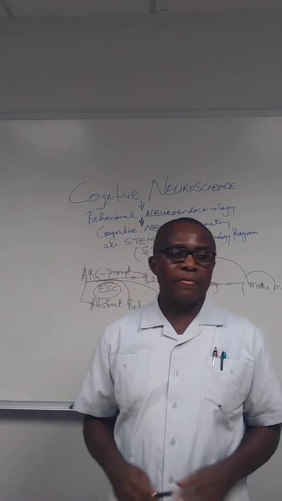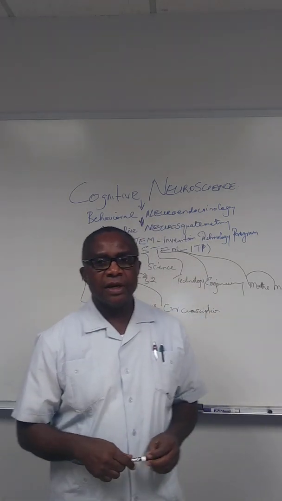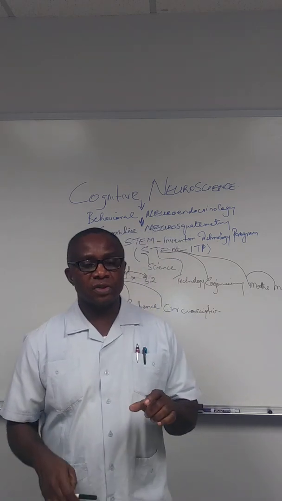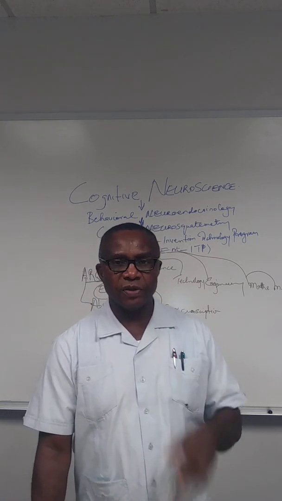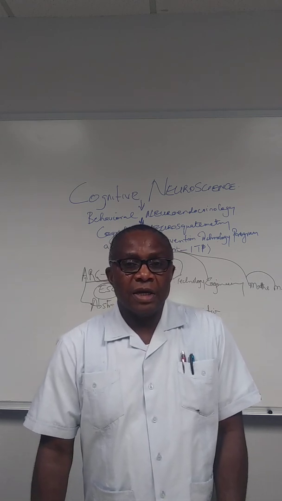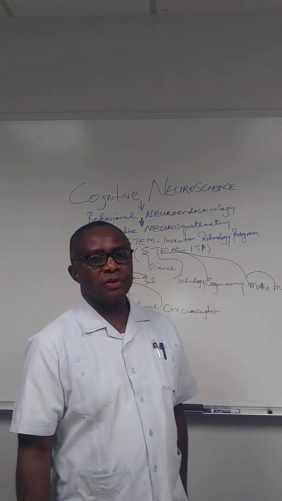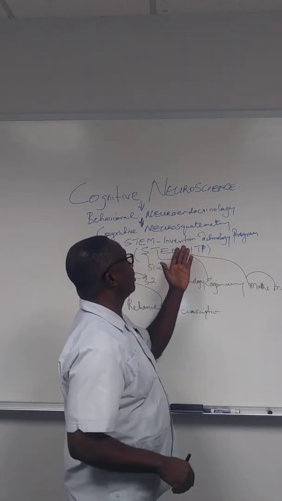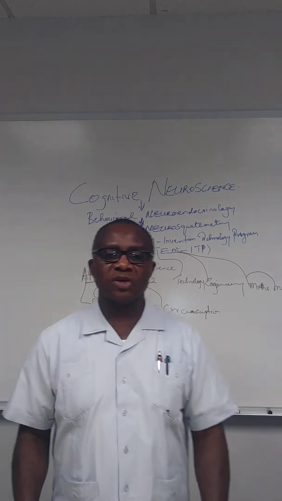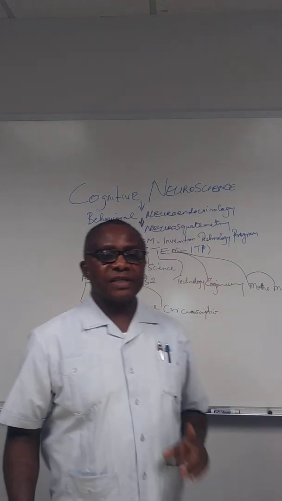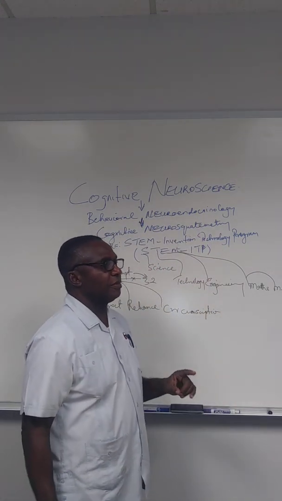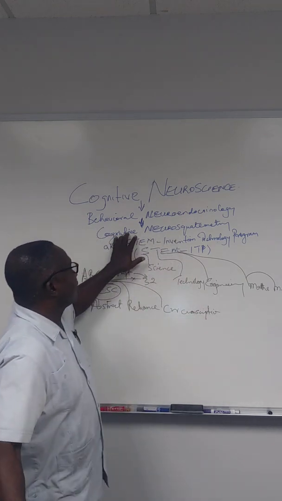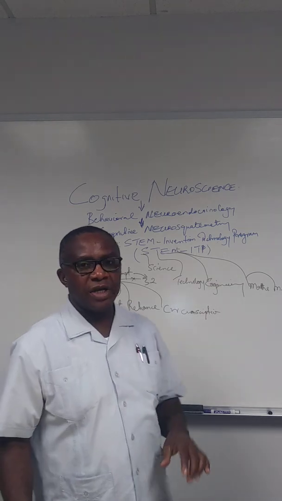To innovate, how to invent things. How to invent, we will use our method called ARC prompt to show you how to innovate. But before then, what is STEM Invention Technology Program? STEM Invention Technology Program is the street name for cognitive neurospectrometry.